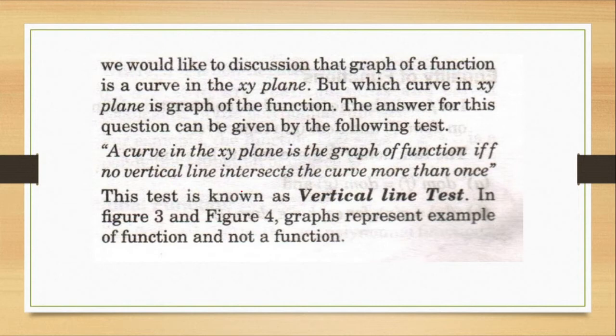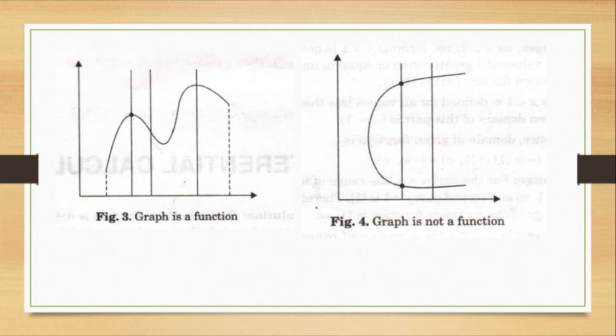This test is known as the vertical line test. In the figure, the graphs represent examples of a function or not a function. As you can see, this graph of a function is cut in only one place.